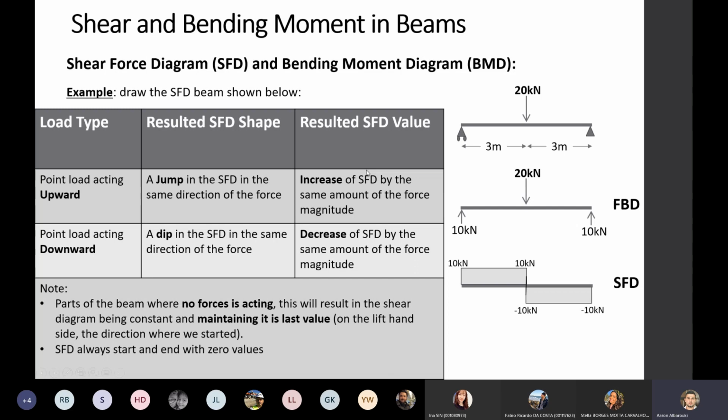So these are the rules again for the shear force diagram. If we have a point load acting upward, this will cause the shear force diagram to jump up by that amount of force. If I have a force acting downward, that will cause the shear force diagram to dip down by the amount of that force. And if I have an area between two shear forces where there's no force applied, no uniformly distributed load, no point load, no shear forces, it doesn't matter.